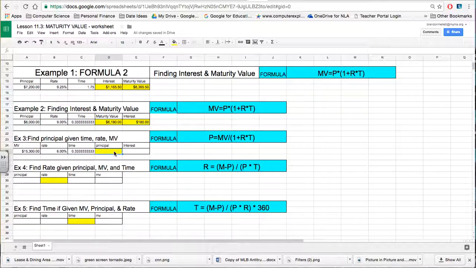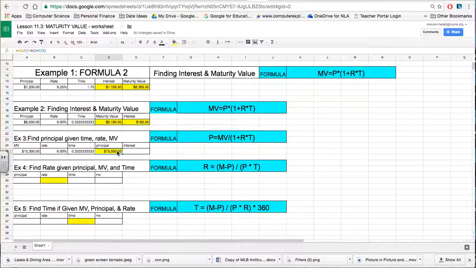And now we have enough. We have the time, the rate, and the maturity value. So we have enough information here to calculate this. Each of the formulas are right here to let you know what to click. We're going to go equals, click on the maturity value divided by parentheses 1 plus rate times time, enter.